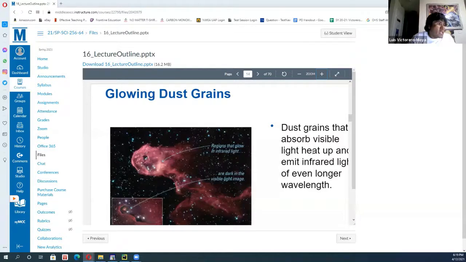So the dust can also start to glow because of thermal radiation, right? But as we know already, if you are in a cloud, the dust and the cloud itself will block visible light. So you can only observe the glowing dust grains in infrared, in comparison with visible here. Look at the visible part there, and then compare it with the infrared there.